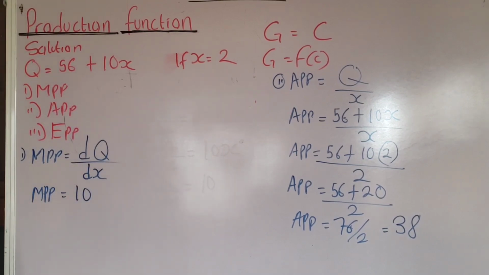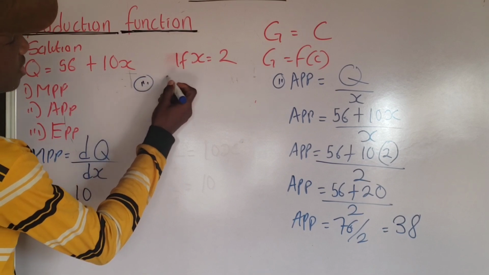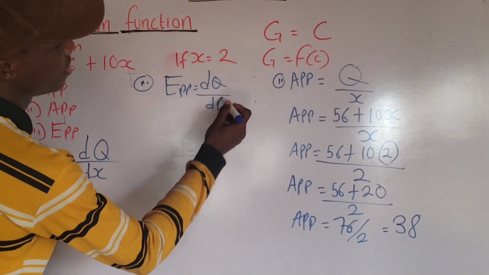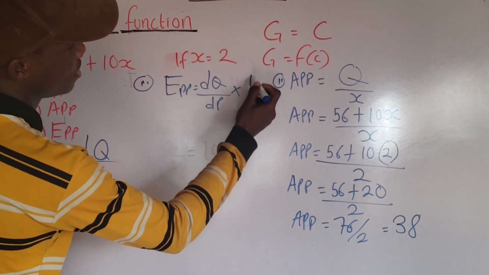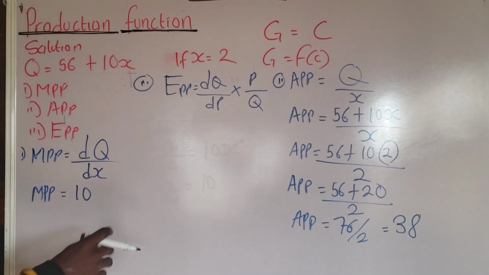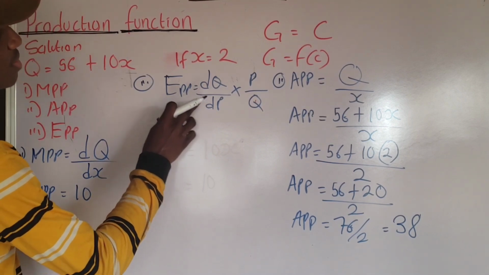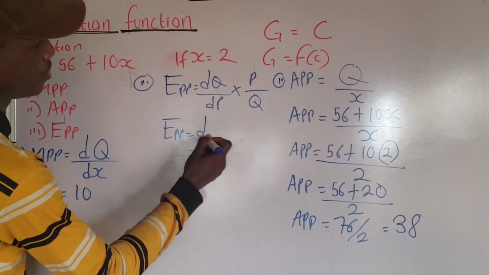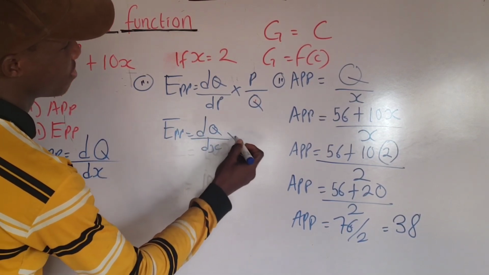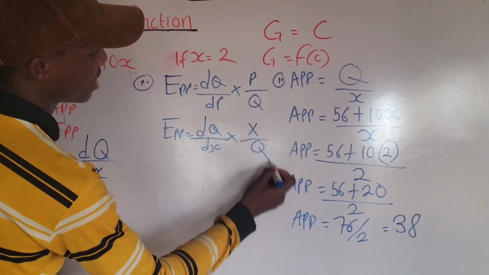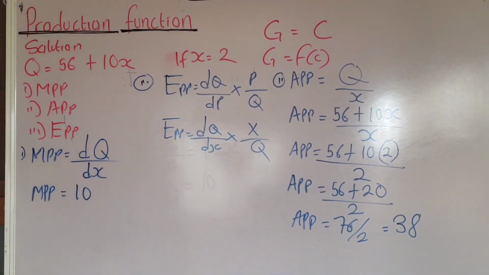The formula for calculating the elasticity is e equals dQ all over dP multiplied by P over Q. Now, because we are dealing with Q and X, the elasticity will become dQ all over dX multiplied by X all over Q. With this formula, you can get the elasticity.